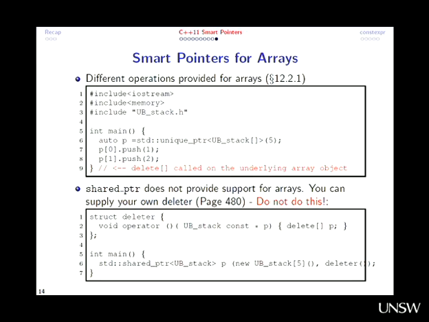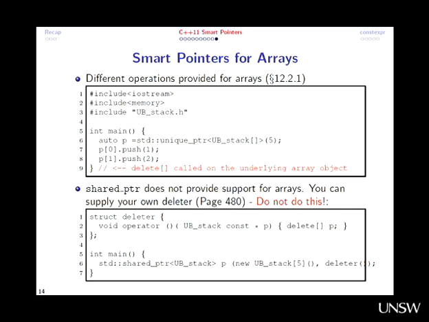So let's talk about smart pointers for arrays. For an array, you can create a unique pointer over an array object. So you can create a unique pointer over a dynamic array. And when it goes out of scope, it gets deleted.